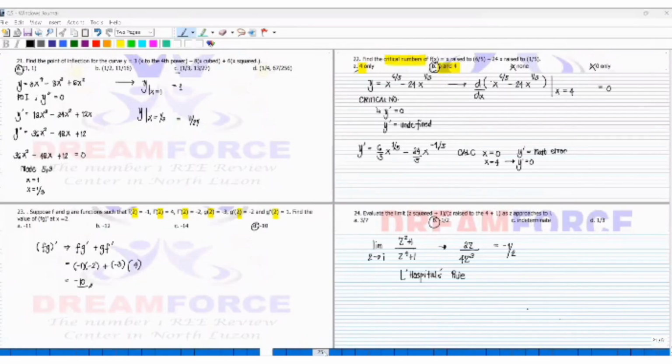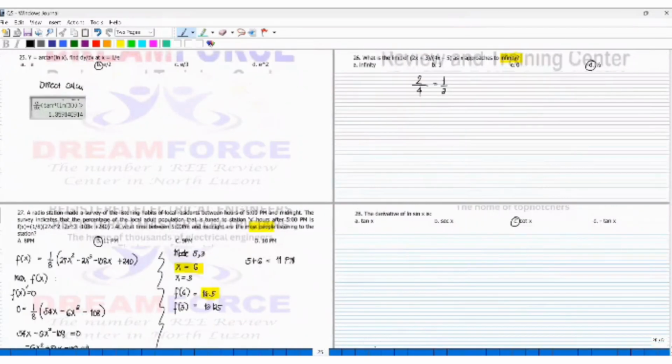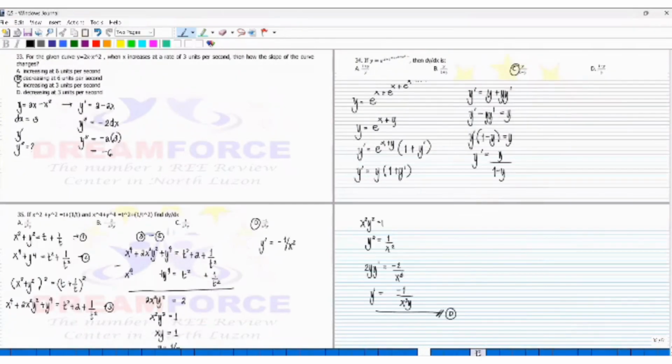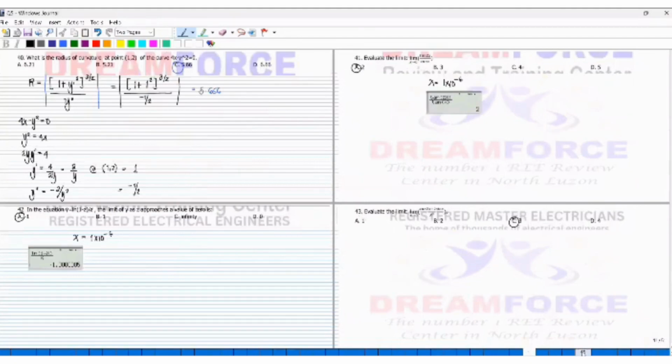Next. Next. Next. Next page. Next page. Okay, and last page.